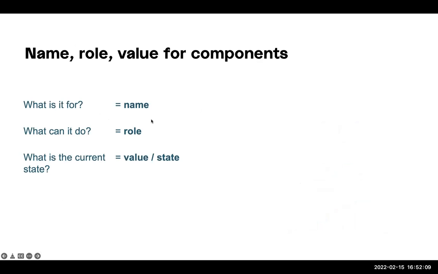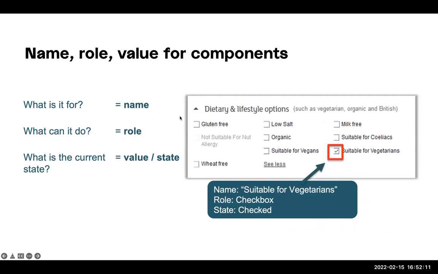Let's talk about the name, role, value one. For example, the name represents what this is for. What is this input field for? What is this interactive element for? What it can do is the role. So this is the nature of this element.